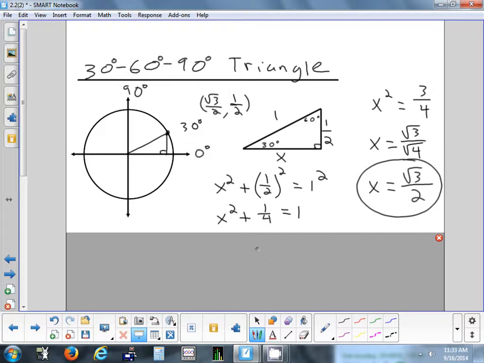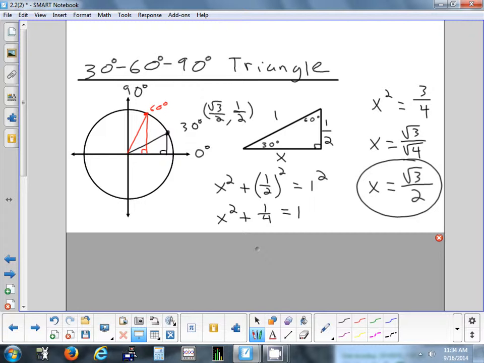Now for 60, because 60 was in the same triangle, we don't have to go through and do all the work again. We should be able to just reuse what we already have, and hopefully a little common sense. 60 degrees would be more up there. This would be our triangle. It's basically the same triangle, but instead of laying on the long side, now it's standing on its end.